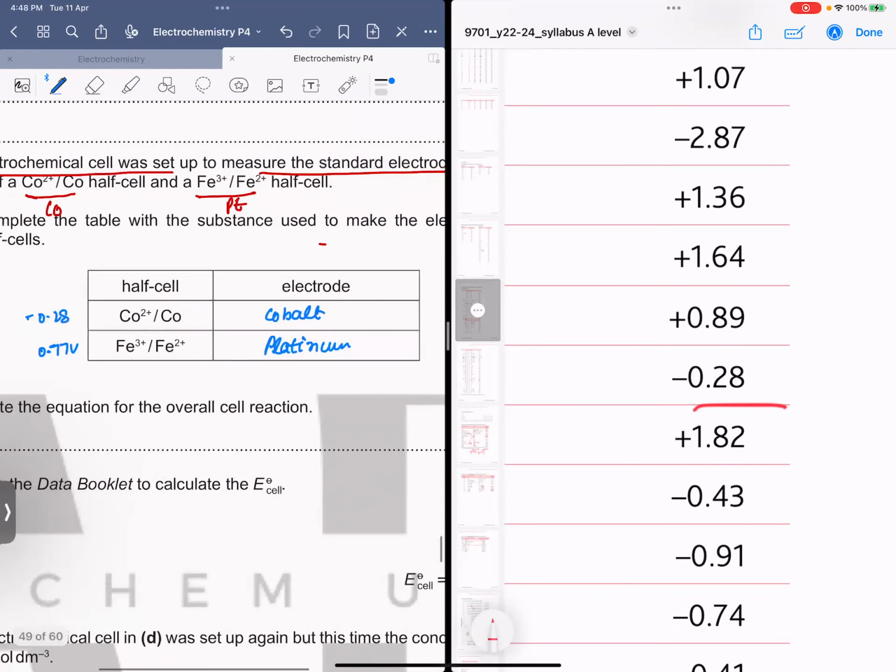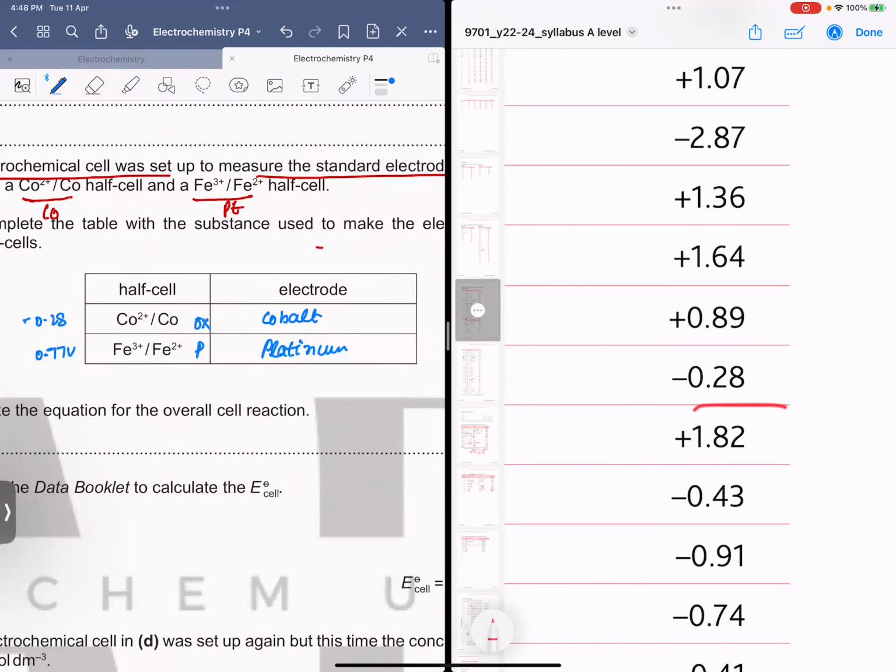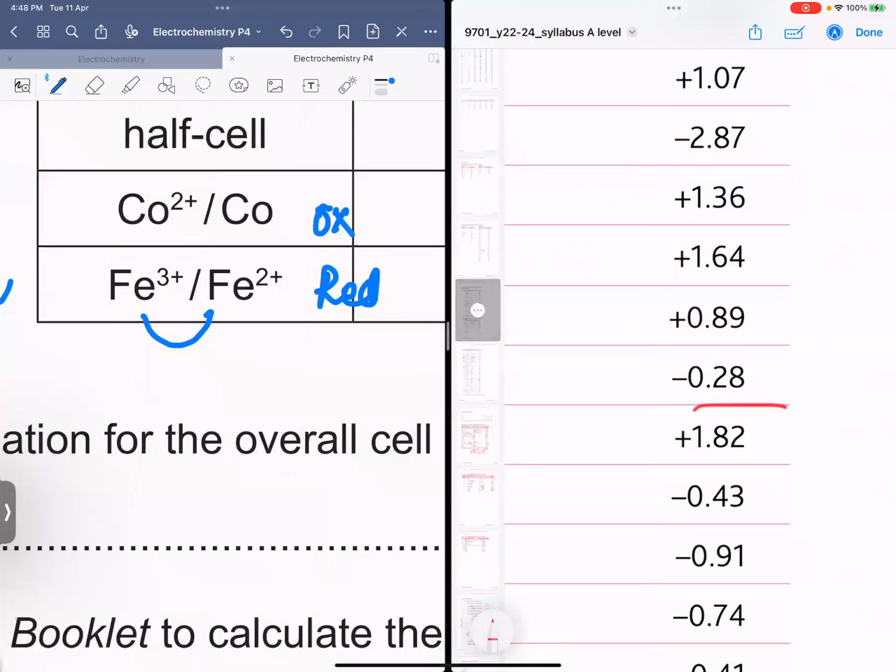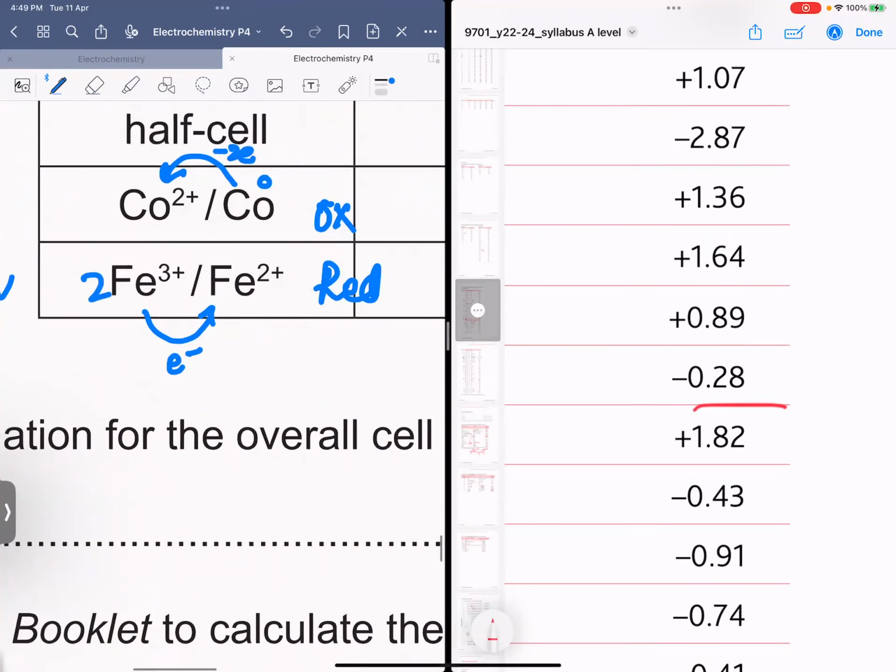Here oxidation would occur, and in oxidation this species would be converting into this one. And here there is a transfer of one electron because plus 3 to plus 2, and here plus 2, which means transfer of two electrons, so I would make a 2 coefficient over here.